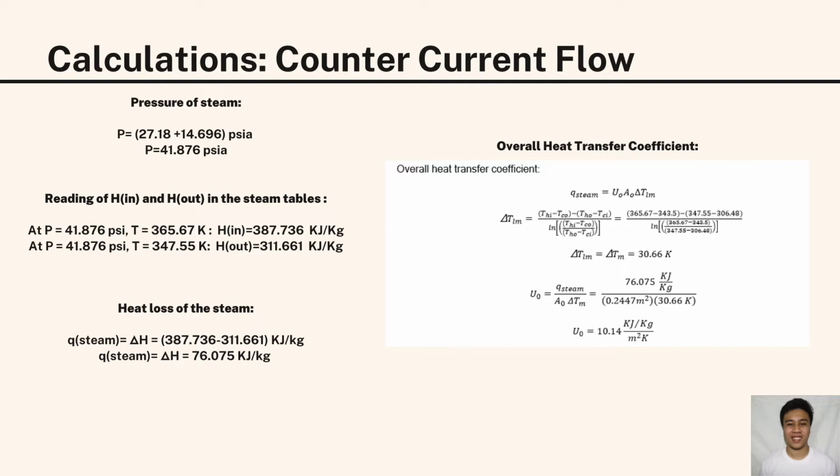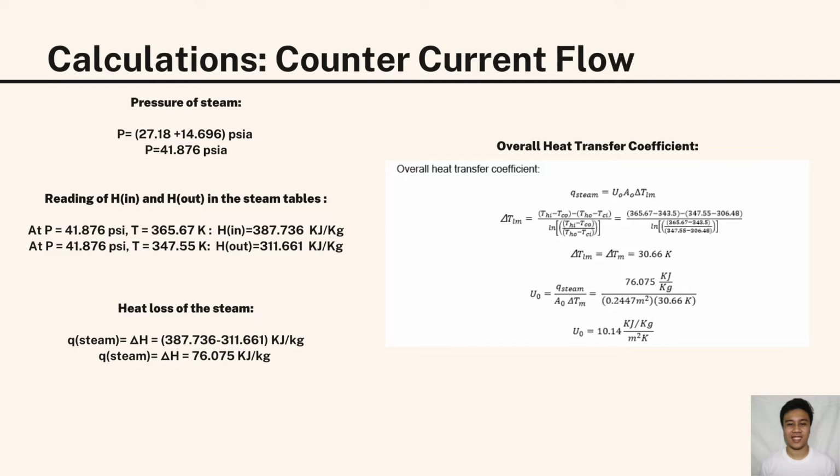The formula is shown in the slide, in which THI means the temperature of the inlet steam, THO is the temperature of the outlet steam, TCI is the temperature of the entering cold water, and TCO is the temperature of the exiting cold water. The calculated log mean temperature difference is 30.66 Kelvin, which is shown in the slide.